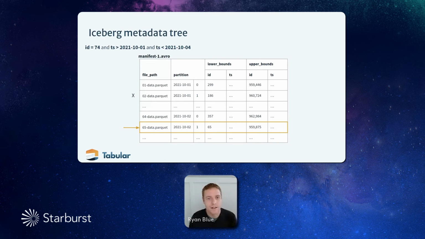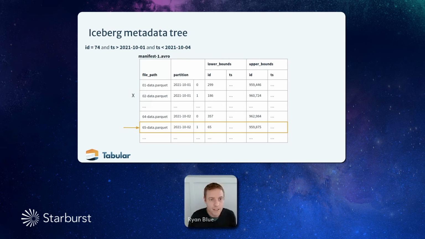And here, the data file 2, the ID lower bound is 186. That hashes to partition 1, and we have some range of values. But I can see that ID number 74 is not in that range. So I don't need to read that data file at all. Likewise, I see that with data file 65, the lower bound is 65. 74 may be in there, so we still need to read the data file.